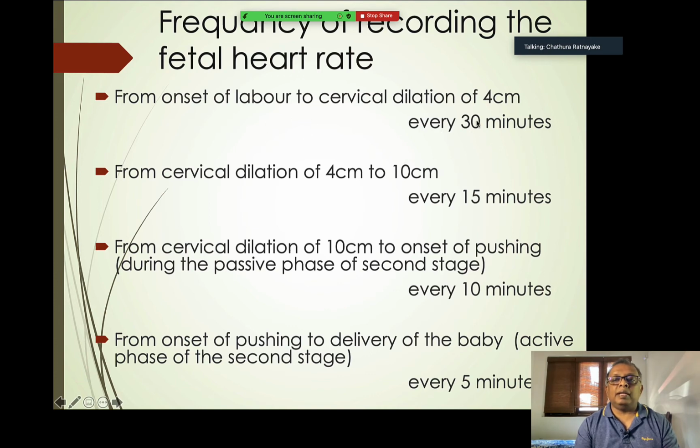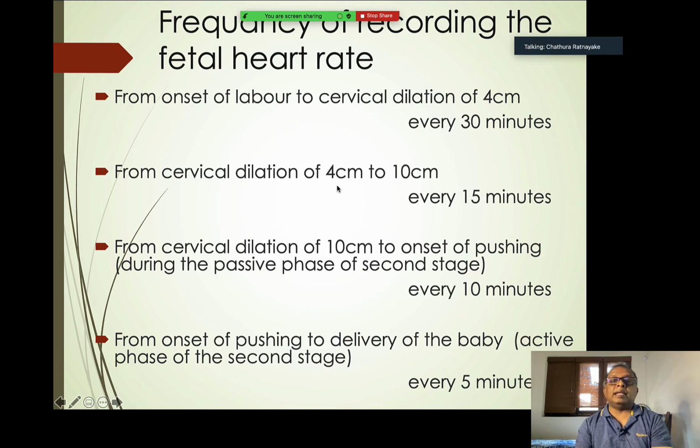From 4 centimeters dilatation, every 30 minutes, up to 4 centimeters every 30 minutes. That is the passive stage of the first stage. The active phase starts from 4 centimeters. Again, these are not current.